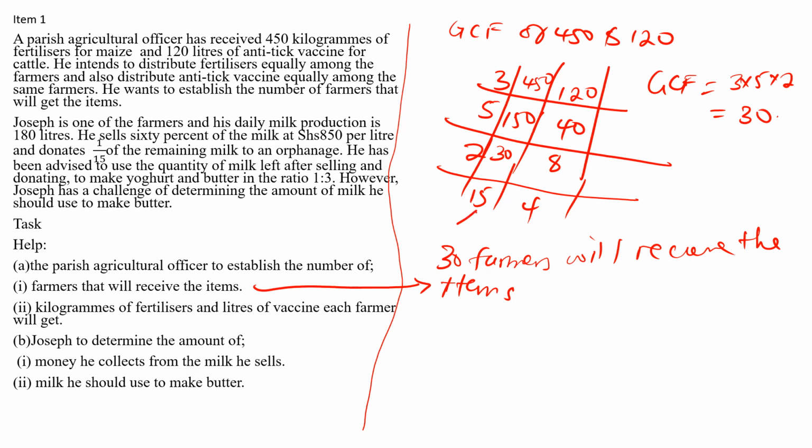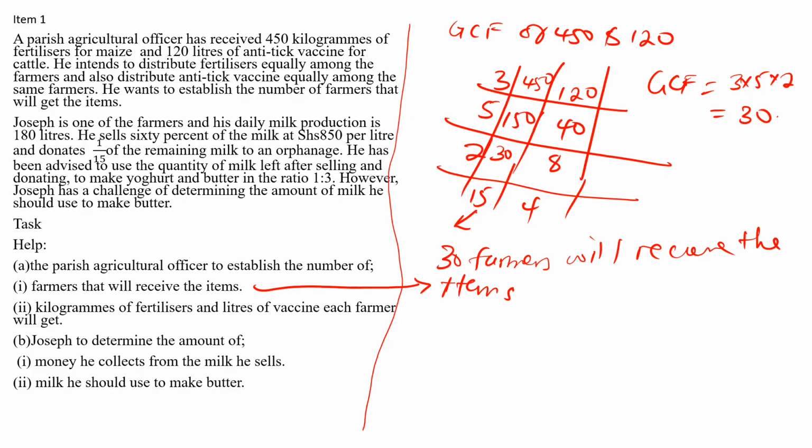Especially look at this. When 30 farmers share 450 kilograms of fertilizers, everyone will get 15. And when 30 farmers share 120 liters of anti-tick vaccine, everyone will get 4.